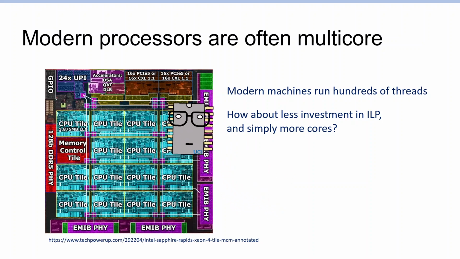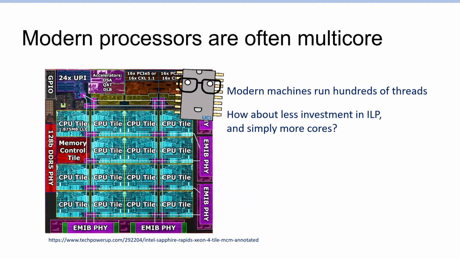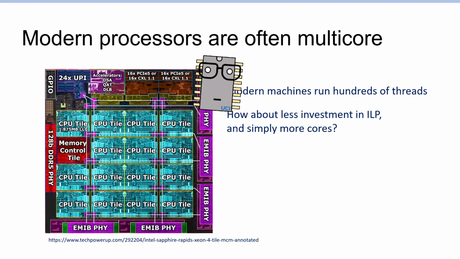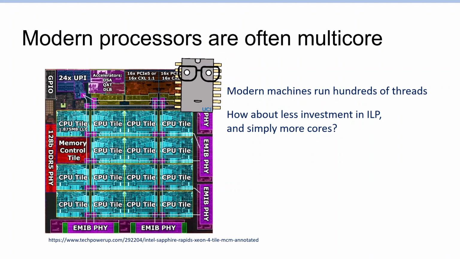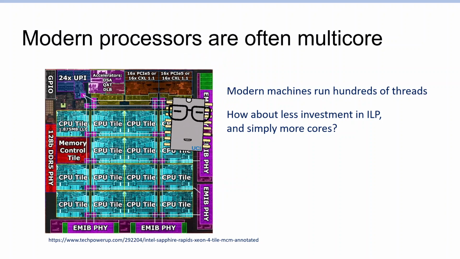And this is beneficial for modern machines because modern machines typically are running hundreds and hundreds of threads. So there is oftentimes enough number of threads to occupy the many cores we can put on a multi-core processor. So how about if we invest less in ILP so that we don't go too far into the realm of diminishing returns of ILP and simply add more cores like the processor you see here.